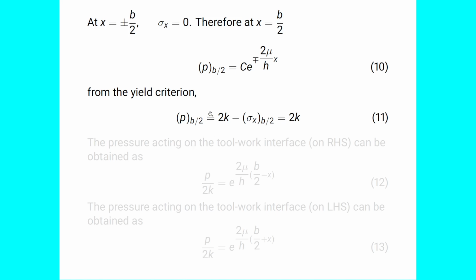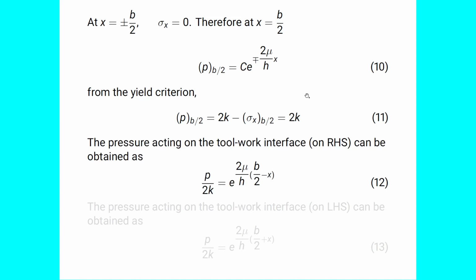Since we have got this value, put it in equation number 10 and you will get the value of C. So this will be C e raised to the power twice mu upon h into x equal to 2k.